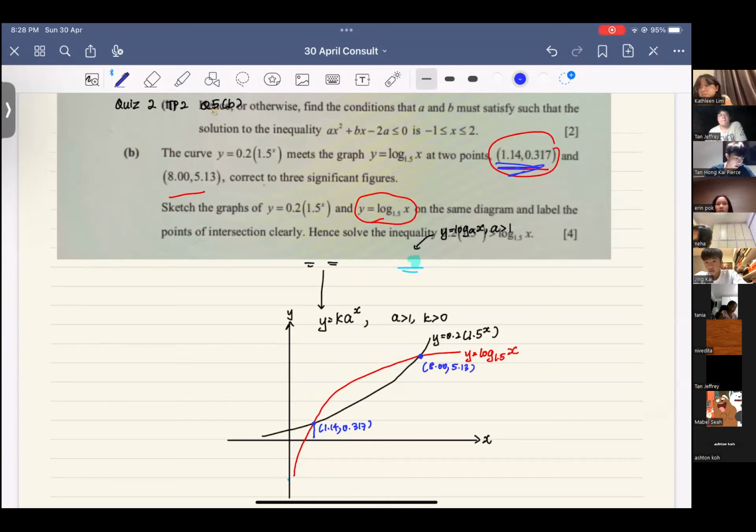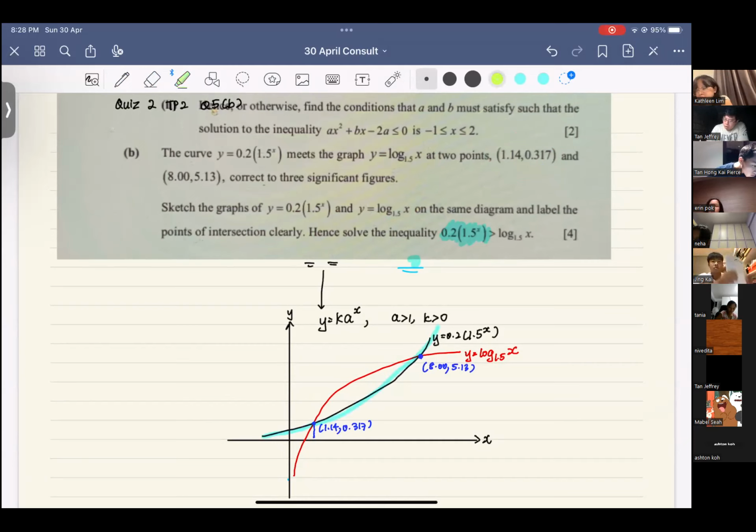Hence we are supposed to solve the inequality of having 0.2, 1.5 power x, which is this graph over here, to be more than log 1.5x, which is over here. This is very similar to one of the questions in the topical revision package.